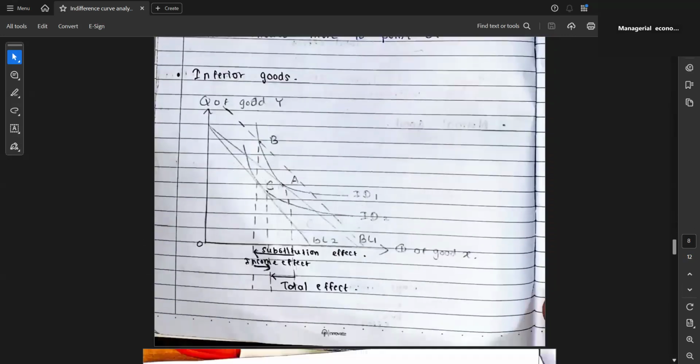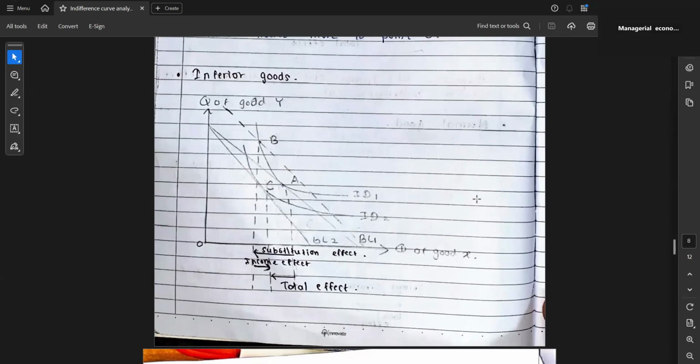So then, for inferior goods, the substitution effect goes along with the law of demand. However, the income effect goes against the law of demand. However, when the balance of these, the total effect, does not go against the law of demand.